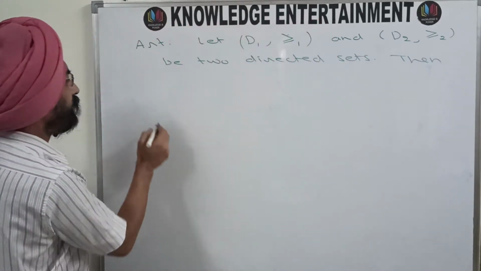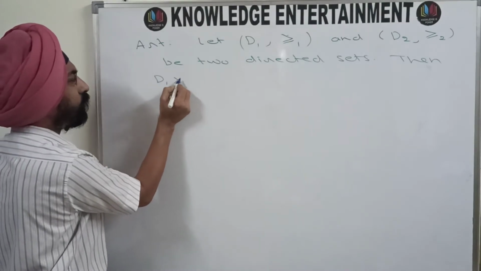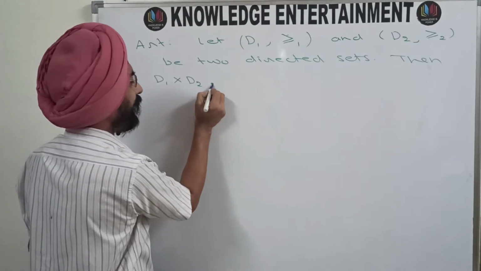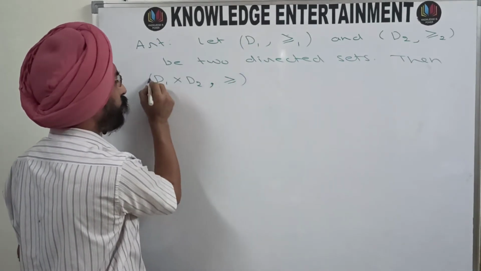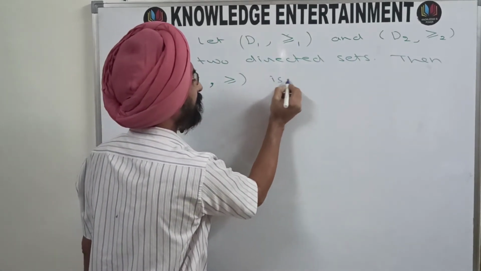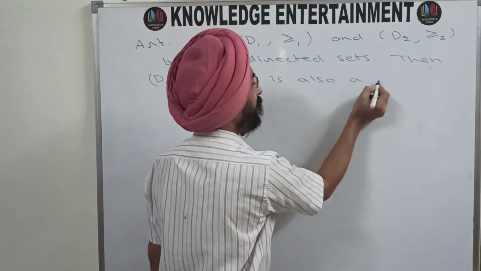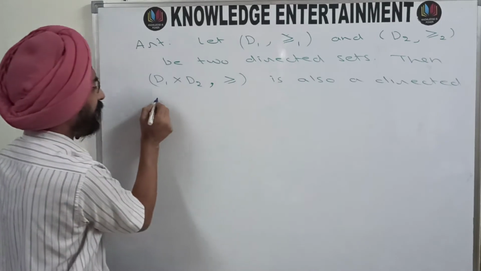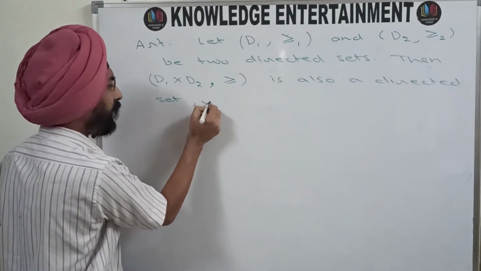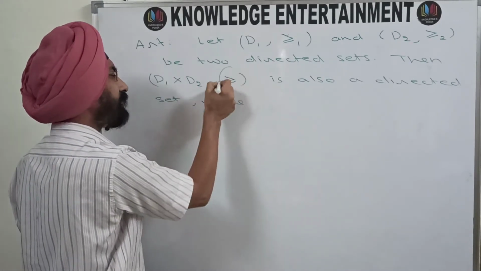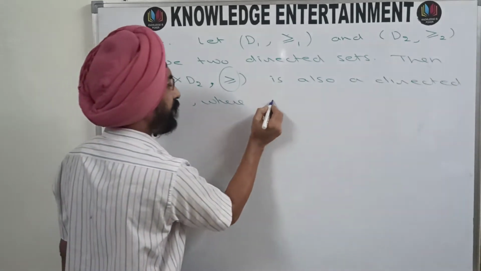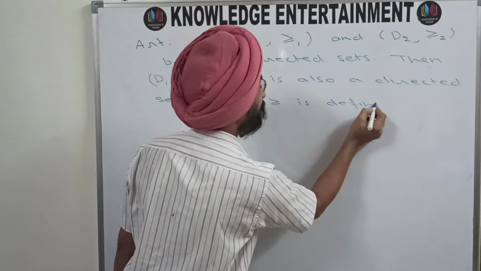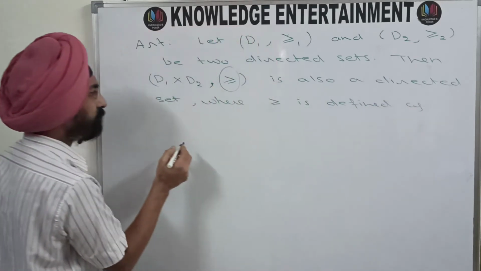Then D1 Cartesian product D2 with the binary operation greater than or equal to is also a directed set, where this binary operation is defined as follows.